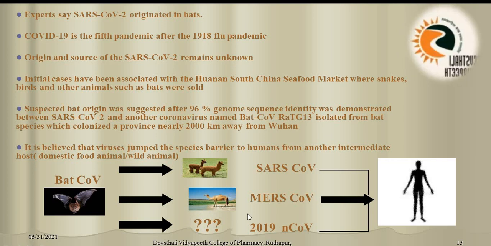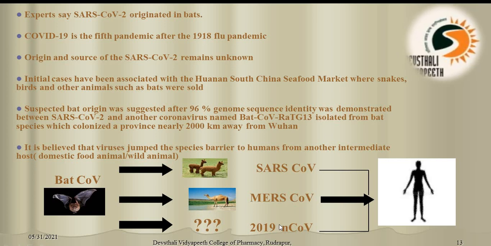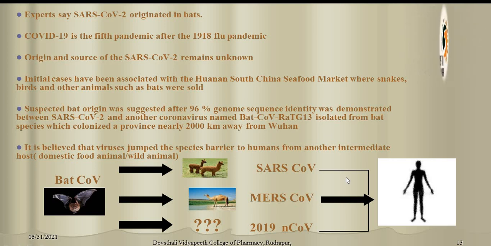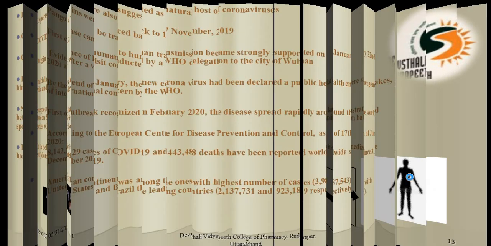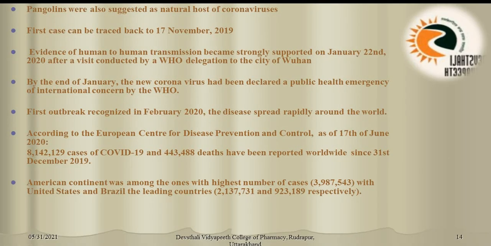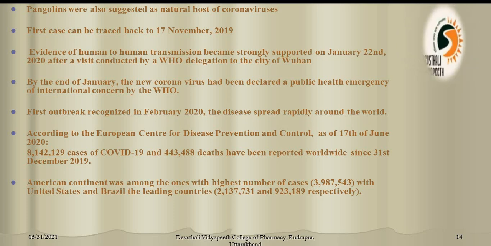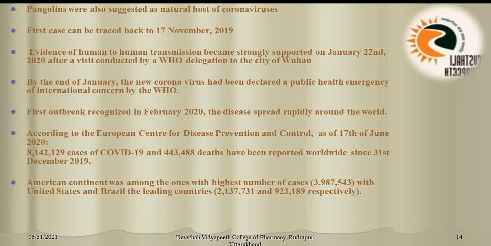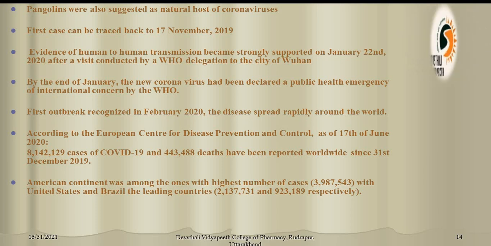For 2019 nCoV, the intermediary animal still remains unknown, and these three lead to transmission directly to humans. Pangolins, which are generally scaly ant-eaters, were also suggested as a natural host for coronaviruses, and the first case was tracked back to 17 November 2019.